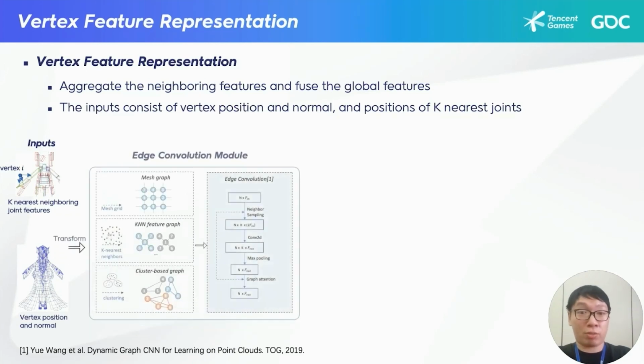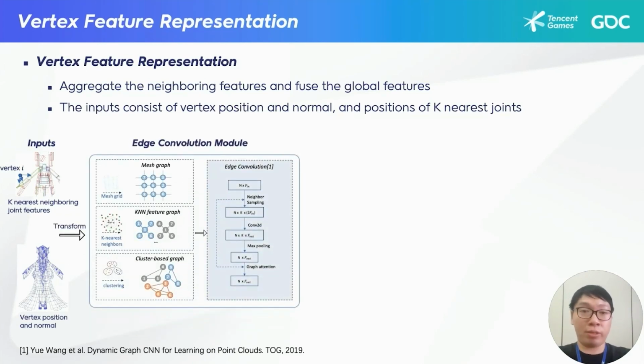We constructed 3 graphs, including the mesh graph, KNN graph, and the clustering graph, to aggregate neighboring features. The mesh graph remains static and follows the mesh topology, while the KNN graph adapts dynamically based on the k-nearest neighbors of the vertex features. Additionally, the clustering graph relies on the clustering results of the vertex feature.